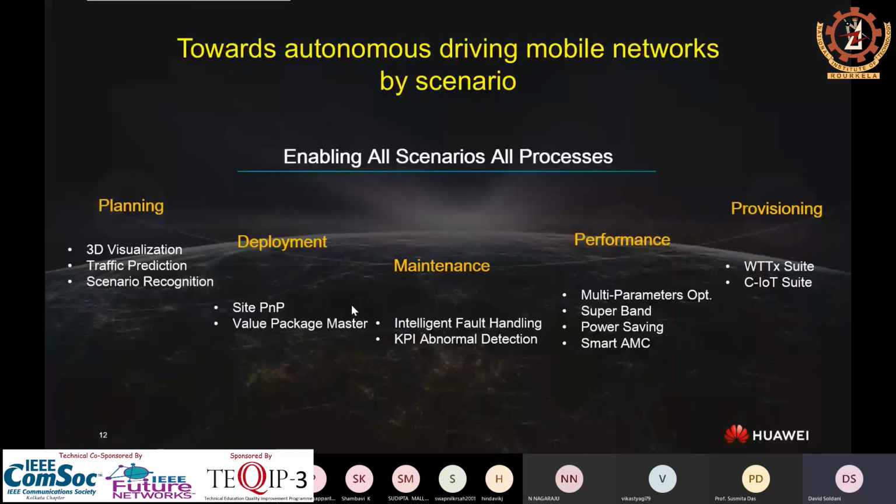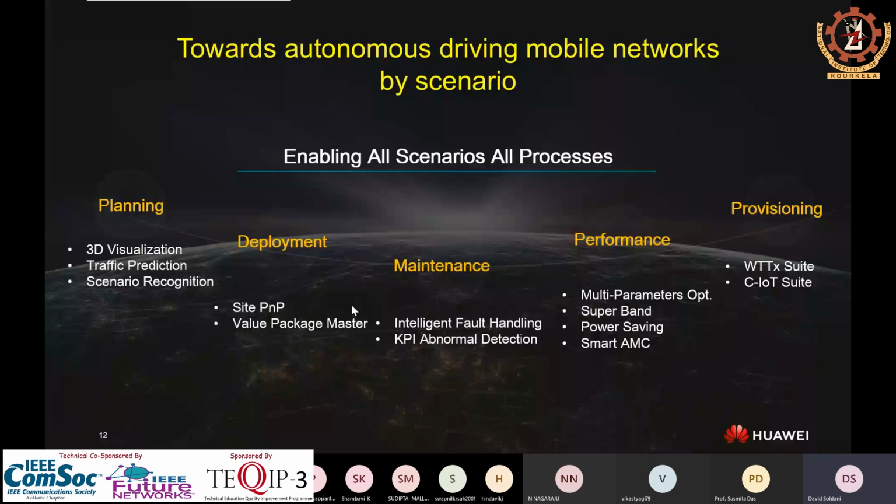Practically anything you do has to be technically feasible, but more importantly, has to be business viable. Business viable means that there is a positive business case in what you have designed and what you intend to deploy. So this approach, by looking into the different scenarios across the operator business processes, is practically a success.